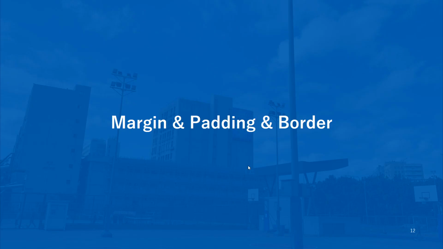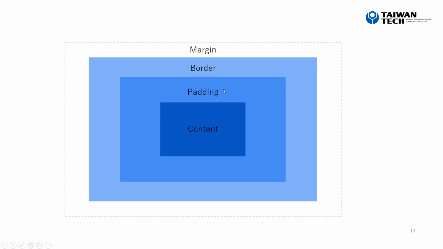Now I will talk about margin, padding, and border. Margin, padding, and border are really critical. If today we set up a width for your content, in so many divisions we will set up a width and a height.